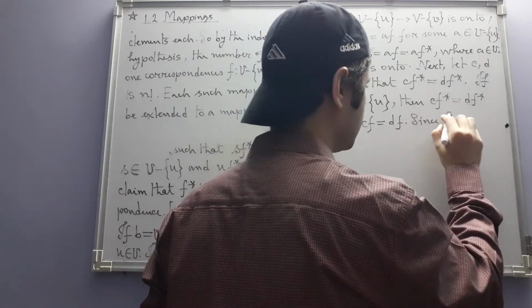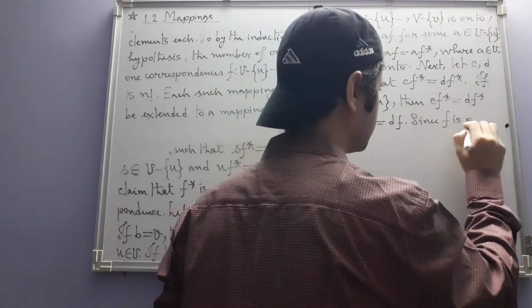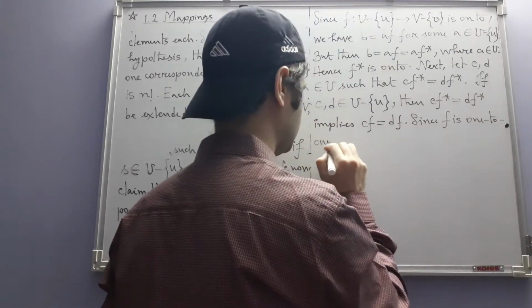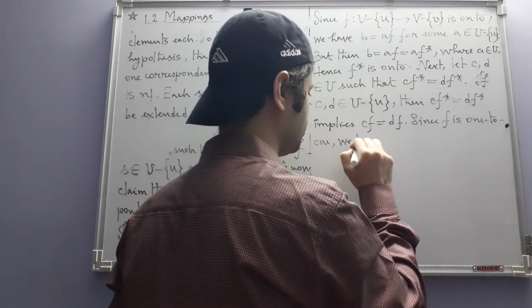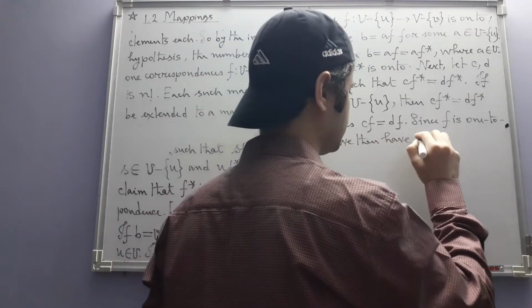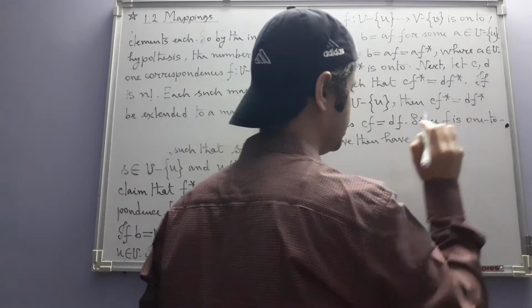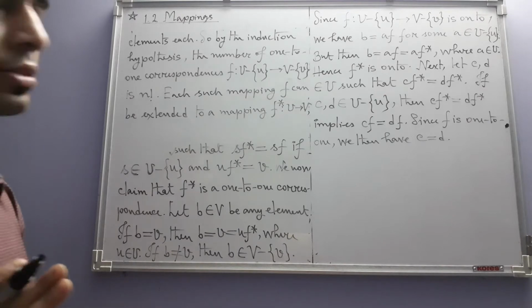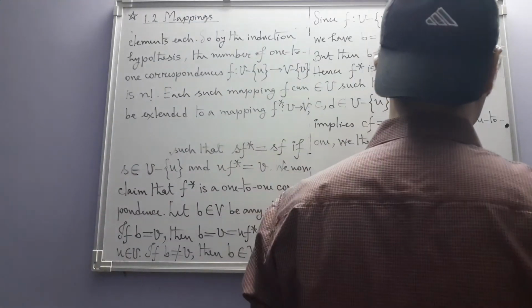Since f is 1 to 1, we then have C is equal to D. Okay, so one part is over. There is another case.